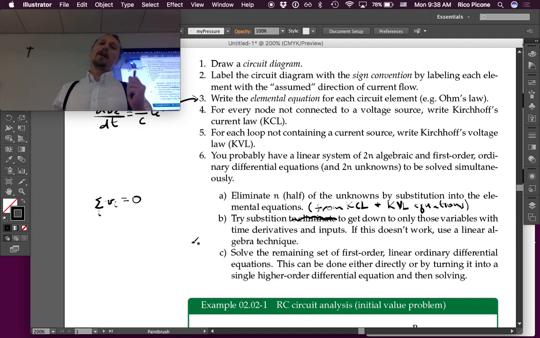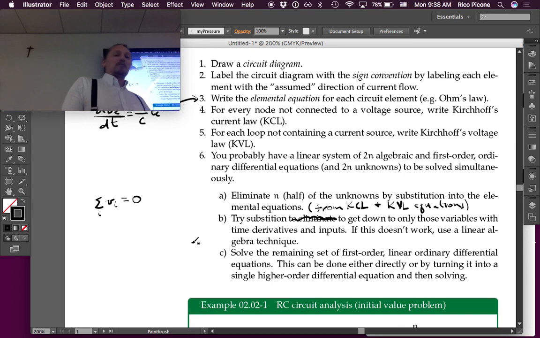Or the other possibility is it can be turned into a single higher order differential equation and then solved. So if you've got, for instance, 3 first order differential equations, you could turn that into 1 third order differential equation and solve that. So you could do one or the other.